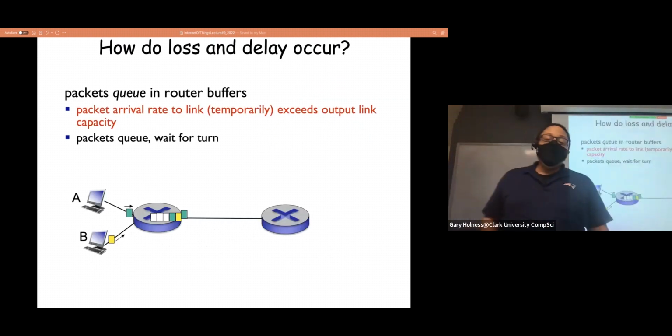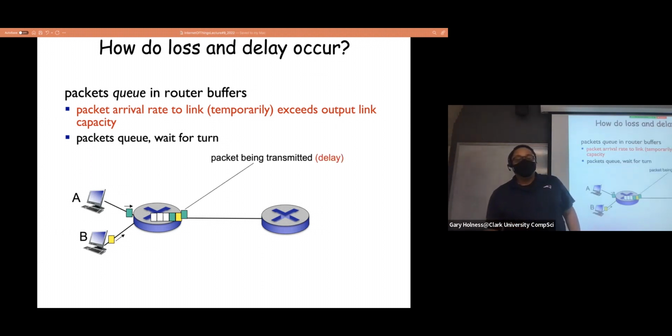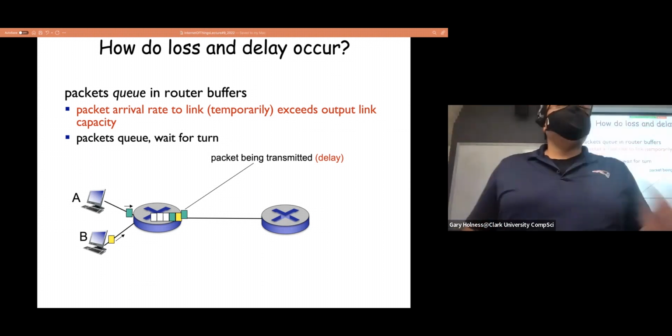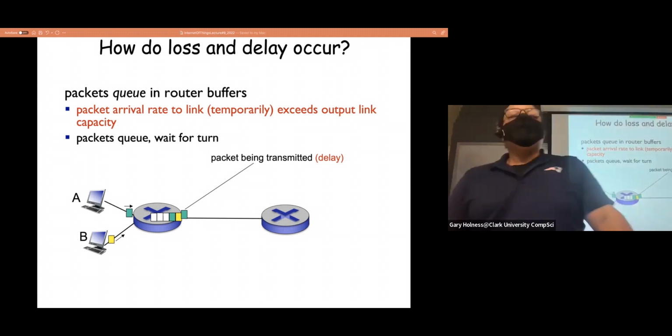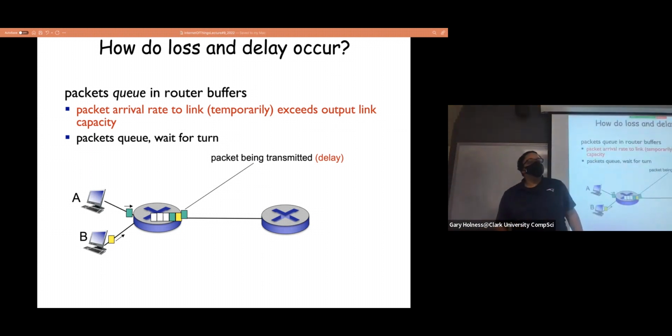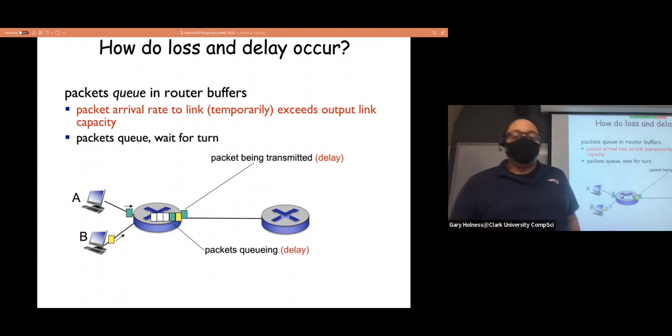All right. And so how does it occur? Well, because the inflows are larger than the outflows. And so the packet being transmitted gets transmitted at the transmission rate, but everything else behind it is delayed. And to you, you don't say, oh gosh, what's delayed? You say, oh, my Netflix stream froze. I'm not getting any more data. There are ways to try to address that with buffering at the endpoints, but that's another conversation for another time.